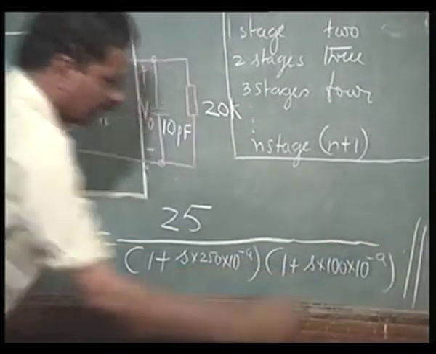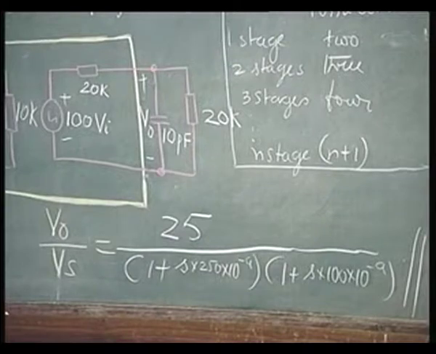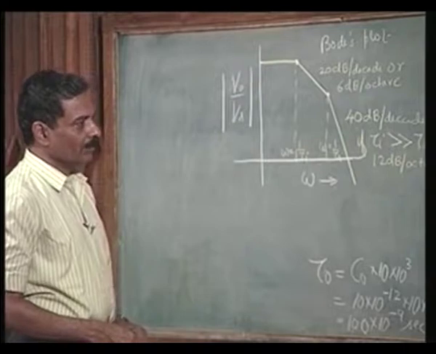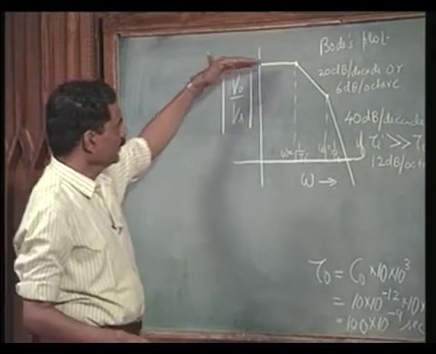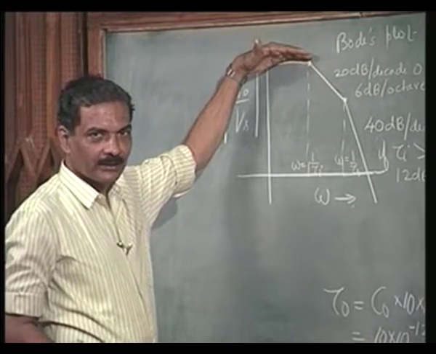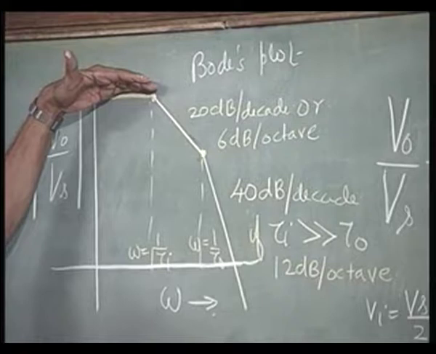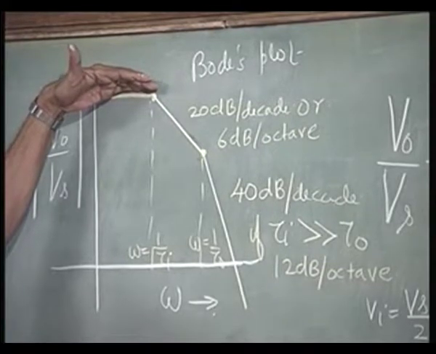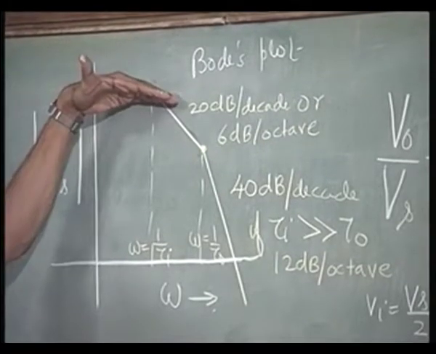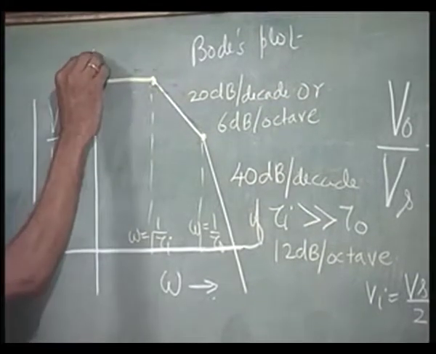So, that is the answer. Now, I would like to expand here. Suppose we plot the Bode plot, then this corresponds to a gain of 25 remaining constant. If you convert it into decibels, it will be 20 log to the base 10 of 25.